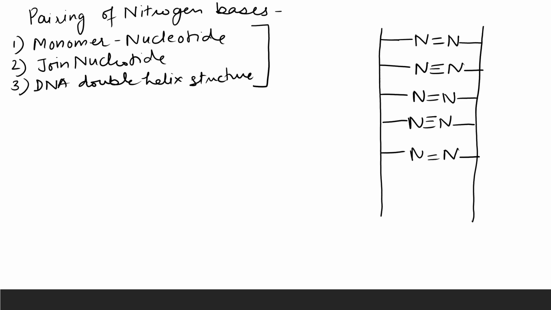So now let me talk about the nitrogen bases. There are two types of nitrogen bases. We know about this. First is purines and second is pyrimidines.